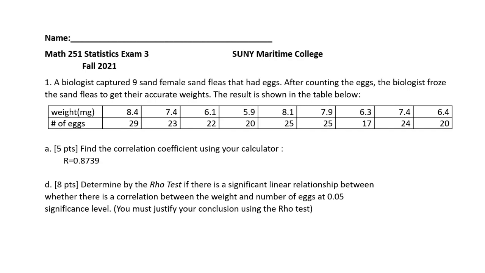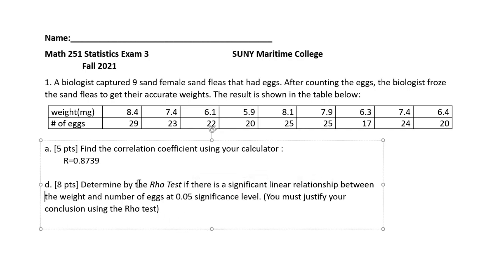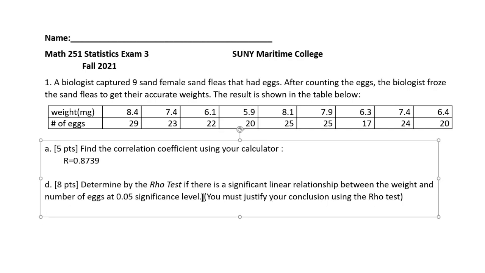All right. Now, part D says, determine by the rho test if there is a significant linear relationship between the weight and number of eggs at 0.05 significance level, and you must justify your conclusion using the rho test.